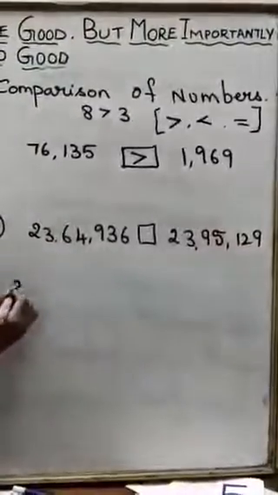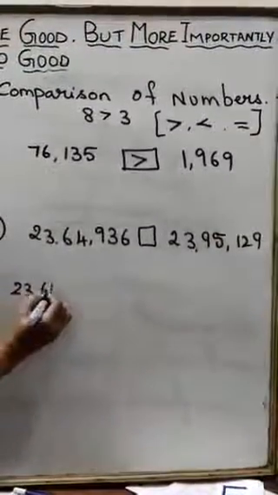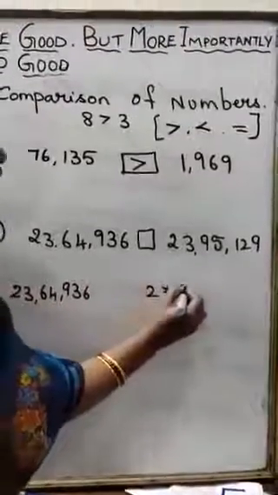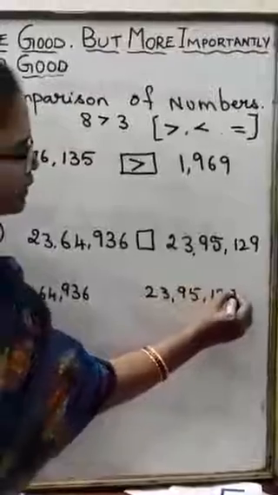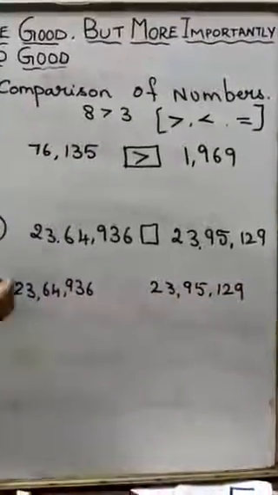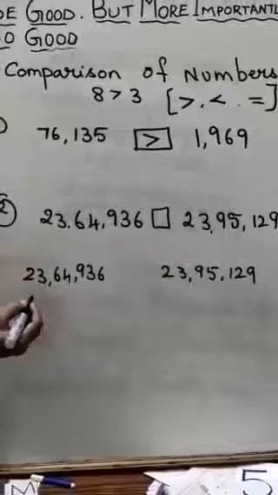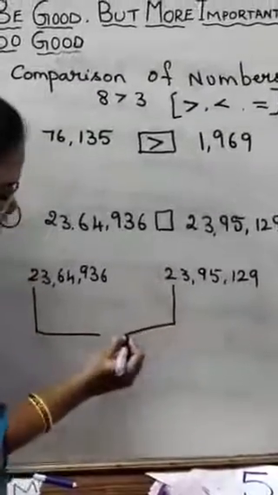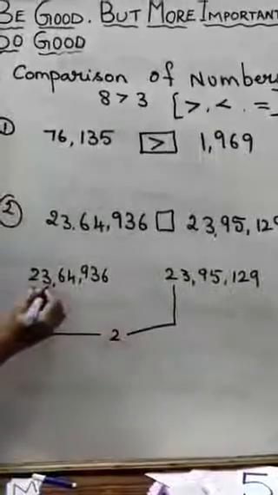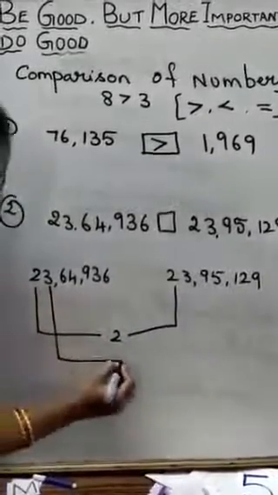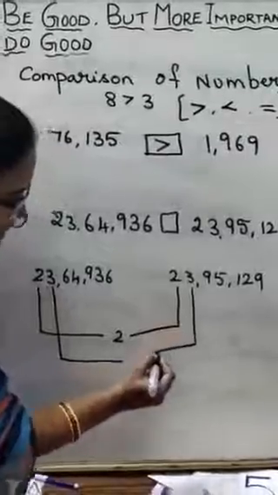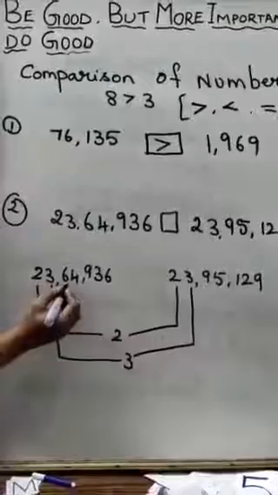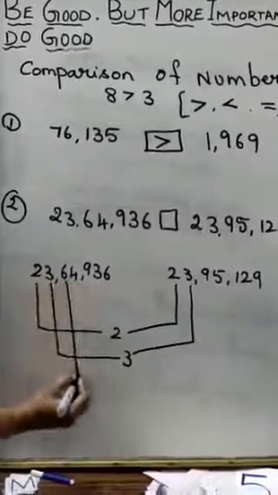Let us compare these two. 23,64,936 here, and 23,95,129. So now we have to compare from the left. First we start from the ten lakhs period. The first digit is 2 and here also it is 2. Both are equal. The next place is lakhs. Compare here and here: both numbers have the same digit 3, the value is the same. So pass on to the next place, the ten thousands place.